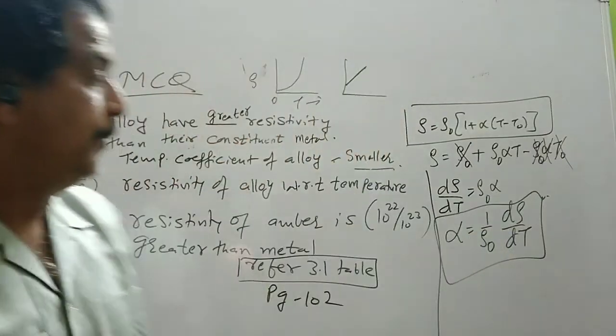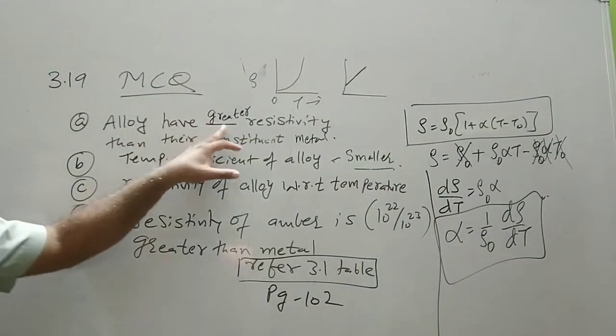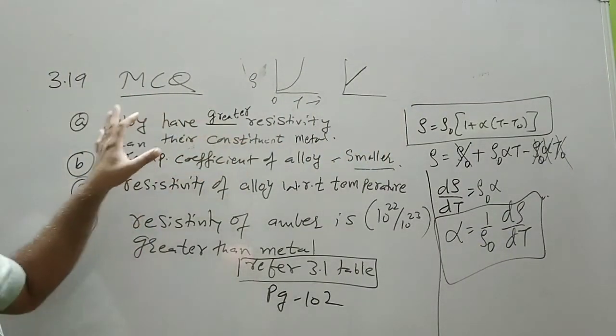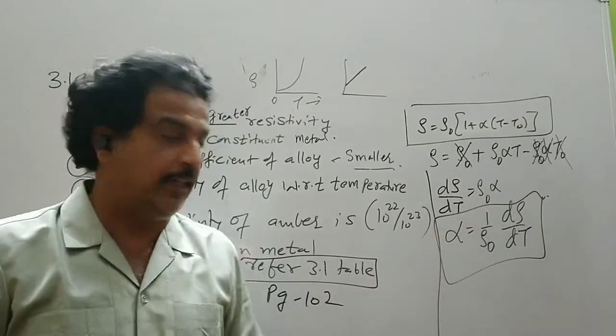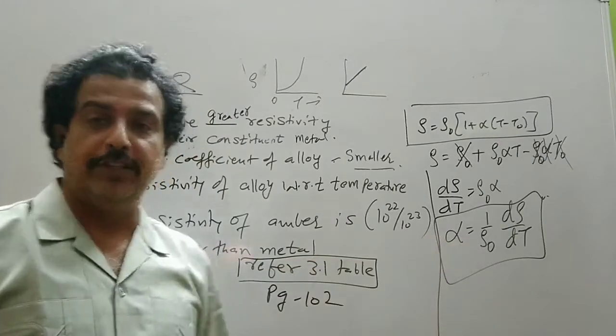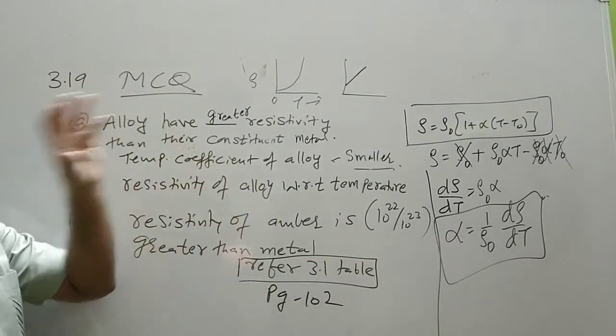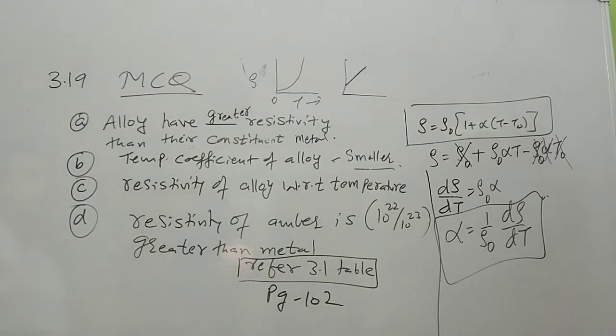Now clearly the resistivity is more for an alloy, so 1 upon the greater value of the resistivity, so its temperature coefficient is smaller or less than the constituent metals.